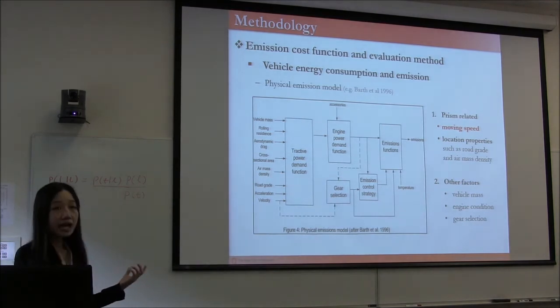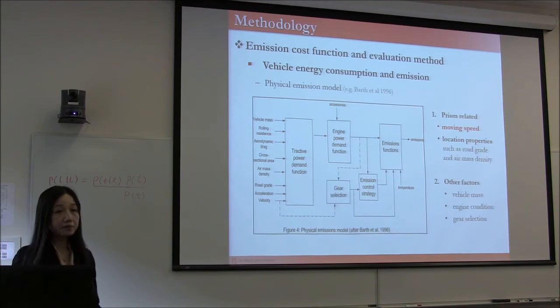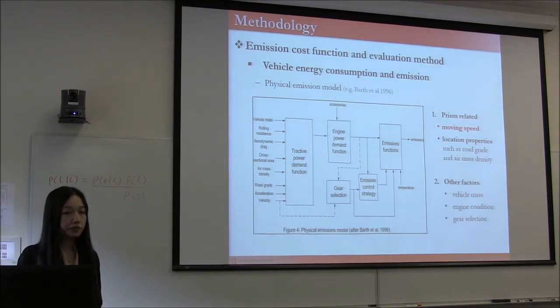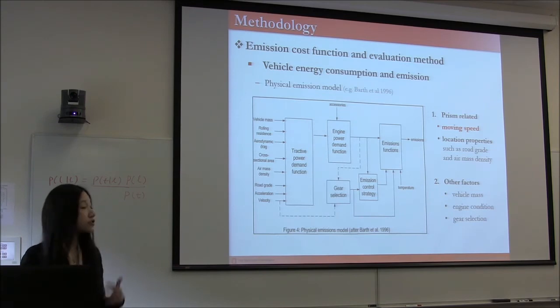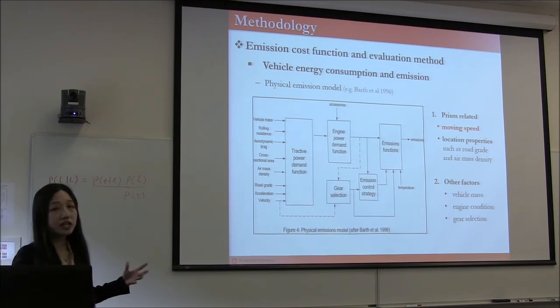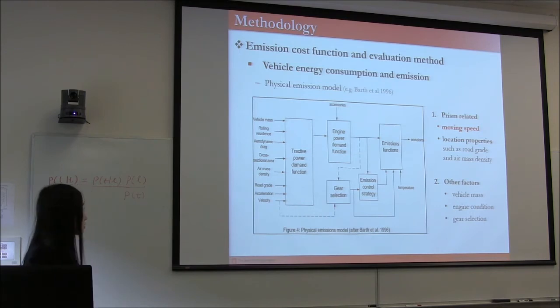And then after we have the speed distribution, the next step is to get the cost function. The physical emission model enables us to do that. It's already been developed and well established and validated in the transportation planning sector.